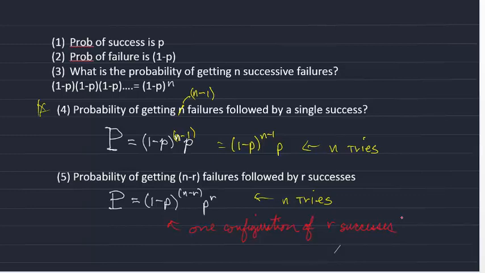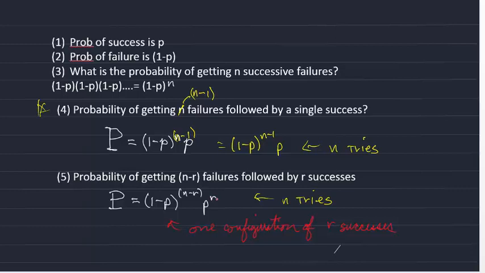But we could get a single success followed by a bunch of failures followed by the rest of our successes. So there are different ways of getting r successes. So what is the probability of getting r successes, period?